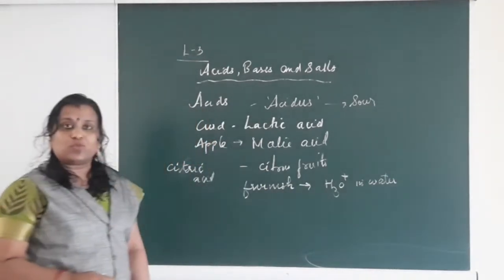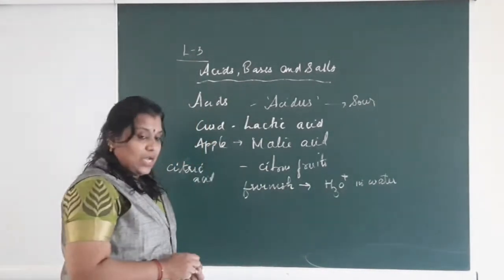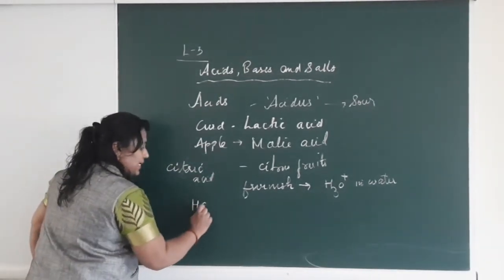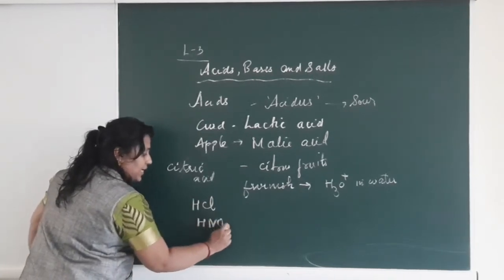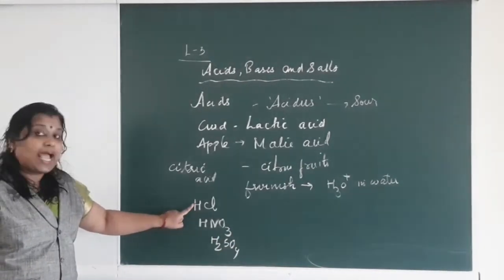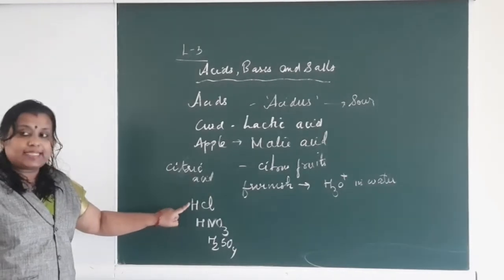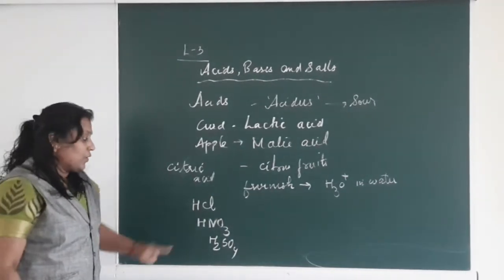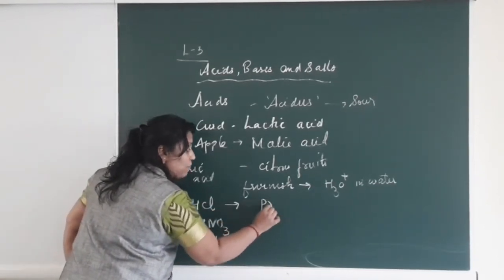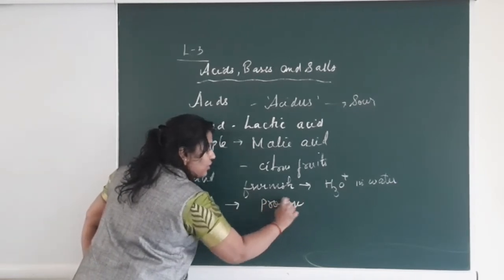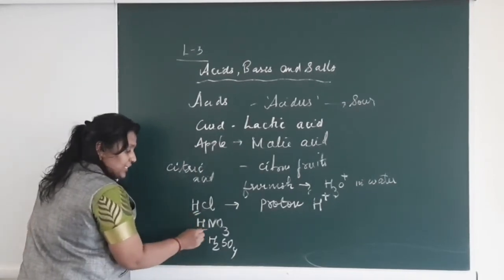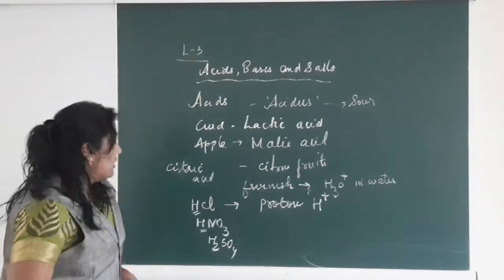If we take the examples of HCl, HNO3, H2SO4, you will see that all the acids have an important part, and that is H. That means all the acids have an important constituent, that is proton, which is H plus.